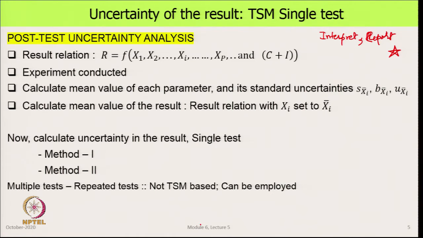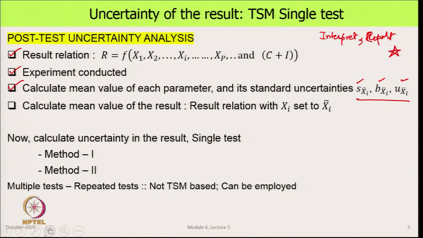Now, what we do in the post test uncertainty analysis is that we have the result relation there. We have conducted the experiment, we calculate the mean value of each parameter and its standard uncertainties, which are the combined one as well as the random and systematic.